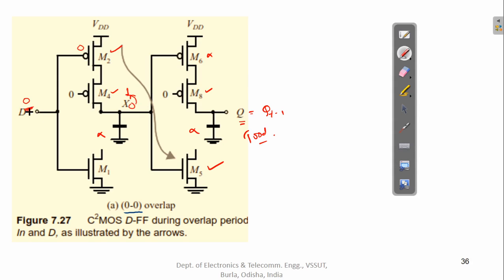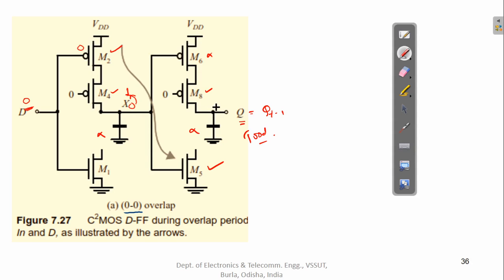But the good thing is that this intermediate output value change is not propagating to the final output, is not affecting the final output, and that is the thing that we wanted. Now this change in the value of X will affect Q at the next rising edge of the clock signal.